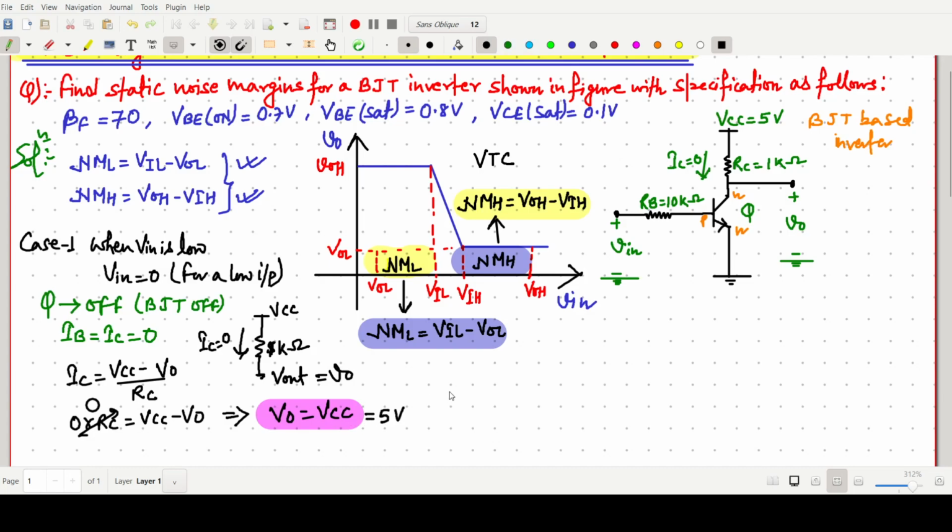So we can say the output high voltage V naught H is nothing but simply our 5 volt. So first thing we have found is VOH. Now we have to find the V in and VOL.